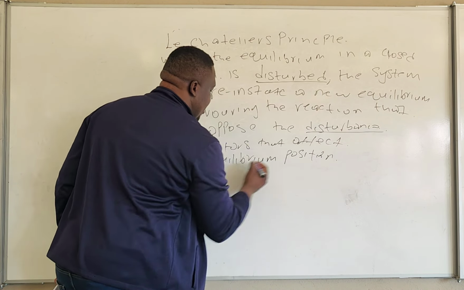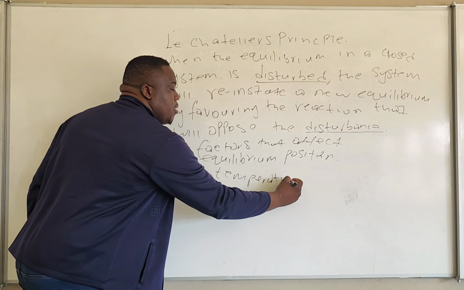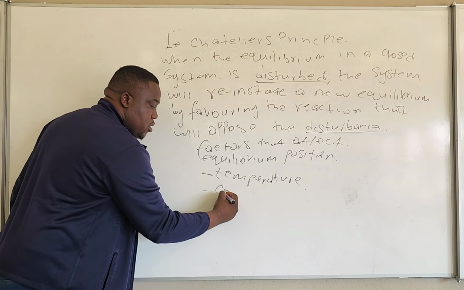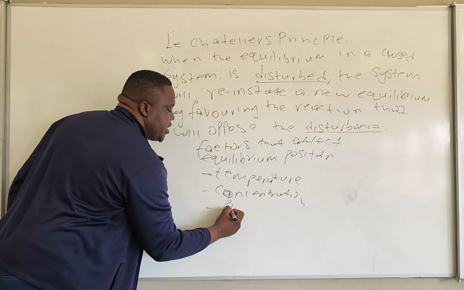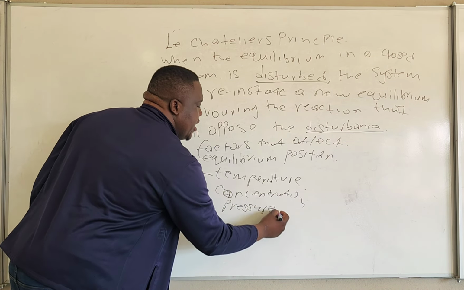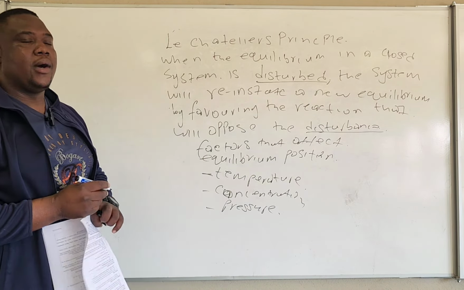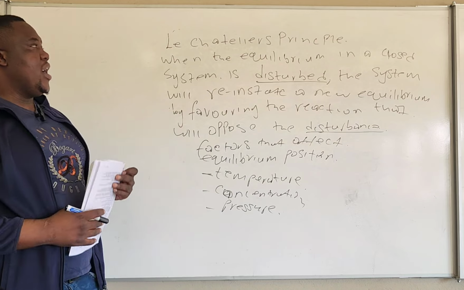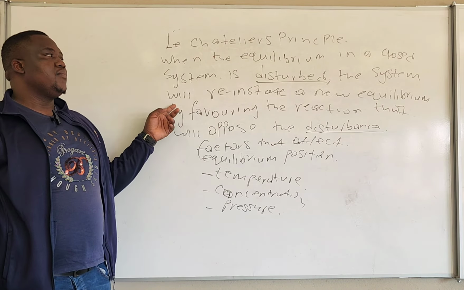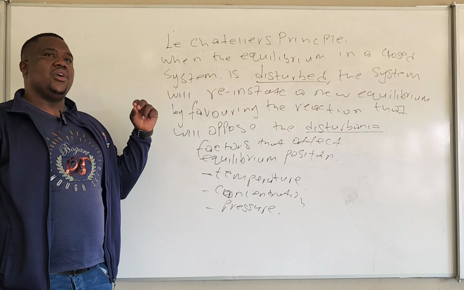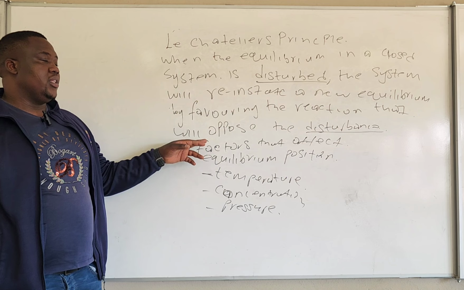Those factors, namely temperature, concentration, and pressure, are the disturbances that we're talking about. So when we say we're in a closed system, when equilibrium is disturbed, the system will reinstate a new equilibrium by favoring a reaction that opposes the disturbance.